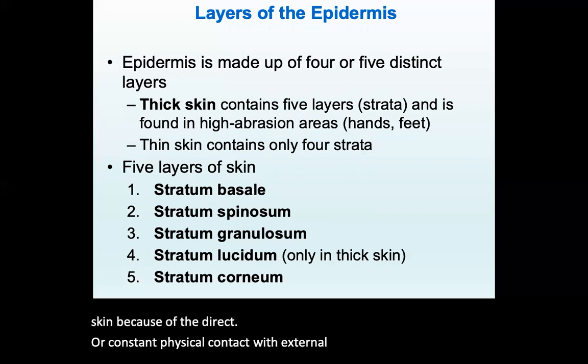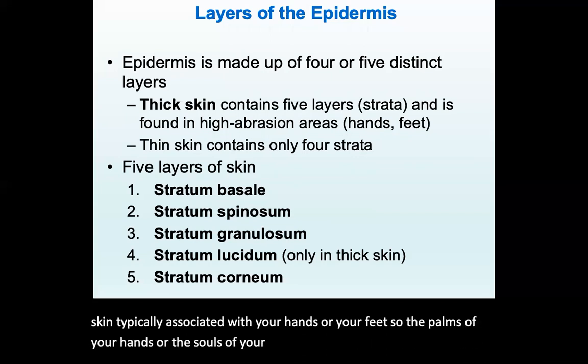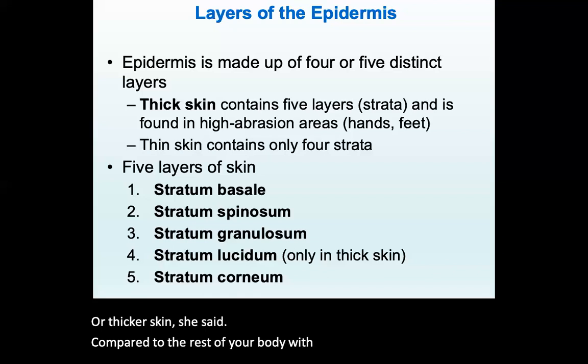That thicker skin is typically associated with your hands or your feet. The palms of your hands or the soles of your feet have thicker skin compared to the rest of your body, which has thin skin.